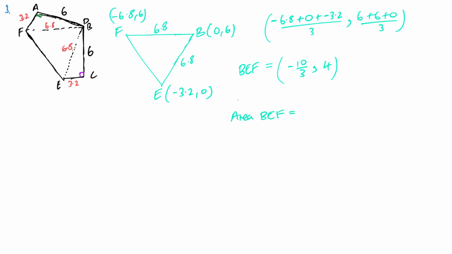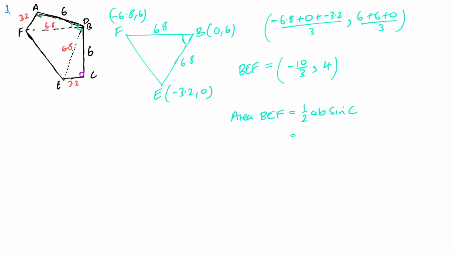Now we also need the area of BEF, don't we? And the easiest way to do this is using the sine formula, you know, half ab sine C, if you remember that one, because we've got two sides and then we can find the angle in between. We'd already found this angle, which was 28.1, and this is at 90 degrees.